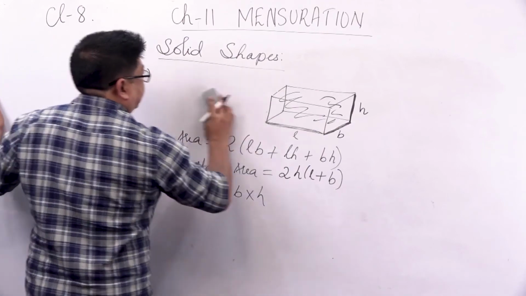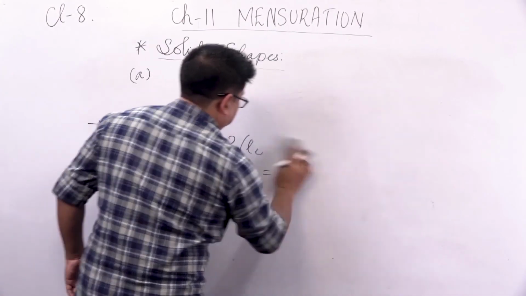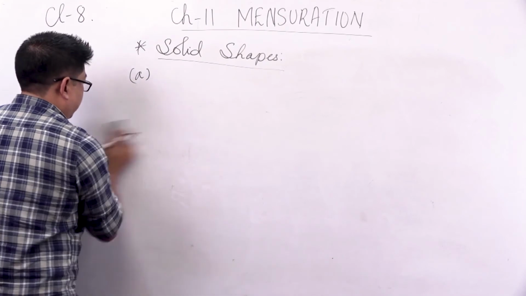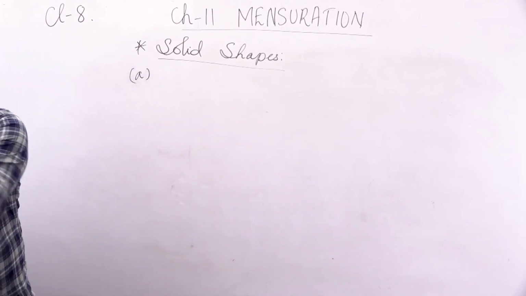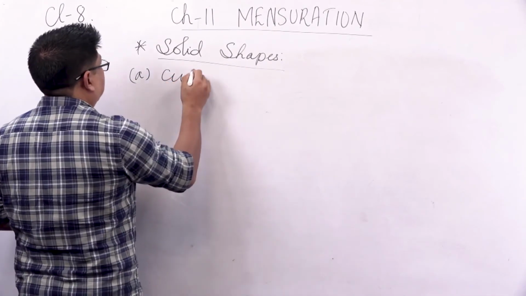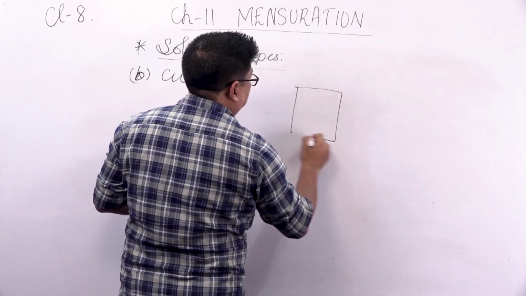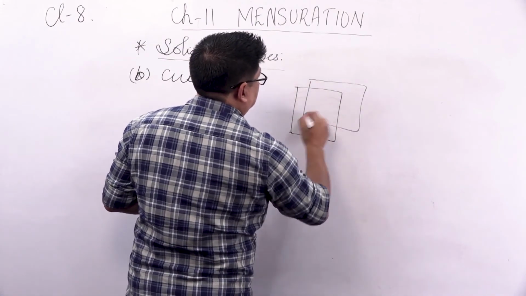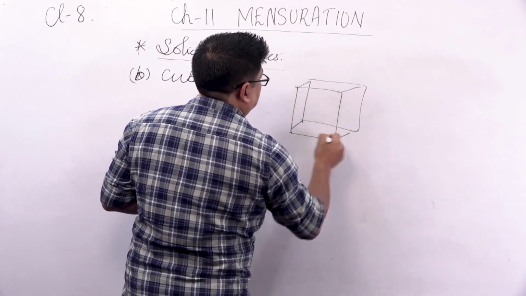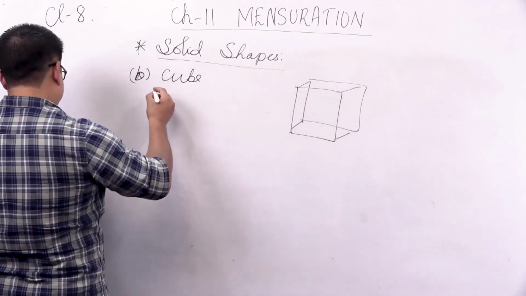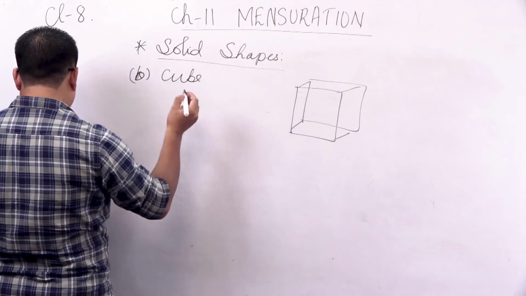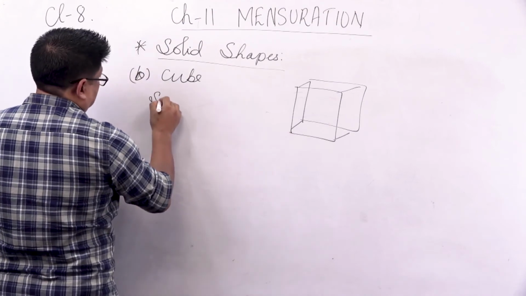Similarly for cube. For cube we have, this is your cube, all right? All the sides are equal, almost similar to a square.